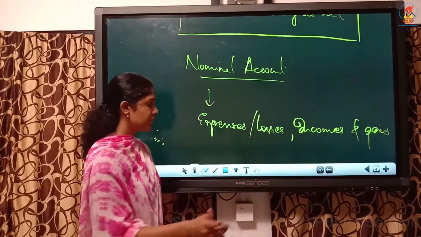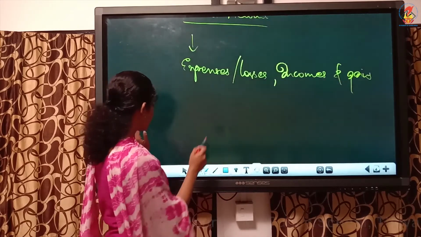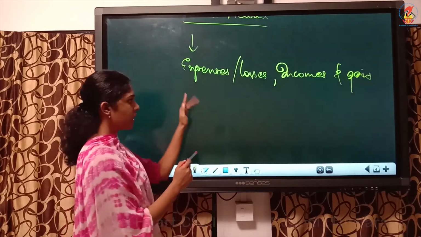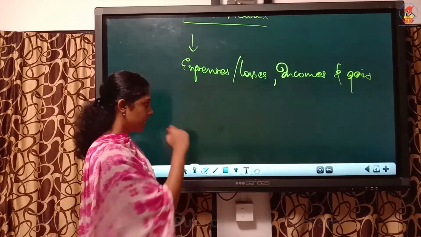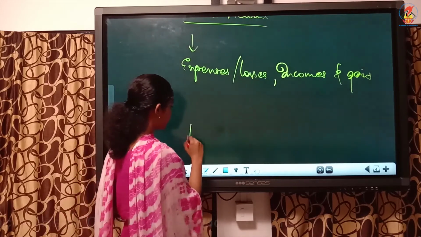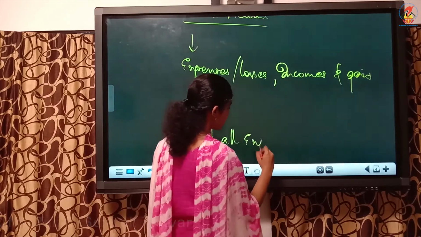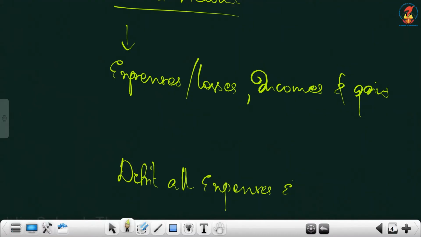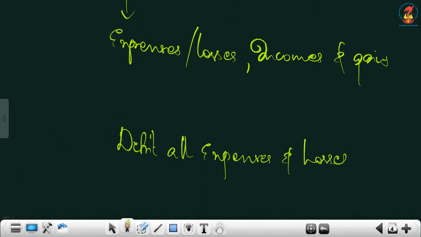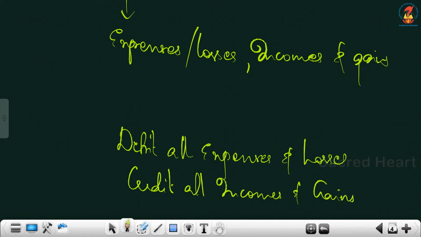Understood? And here you write again within a box the rule. You give the heading rule of debit and credit and you write this: debit all expenses and losses, then credit all incomes and gains.